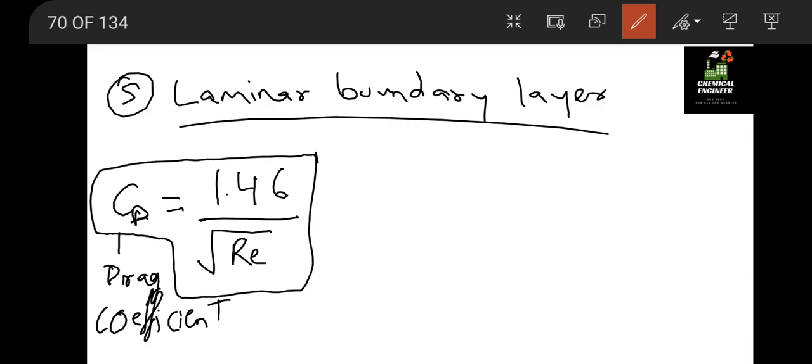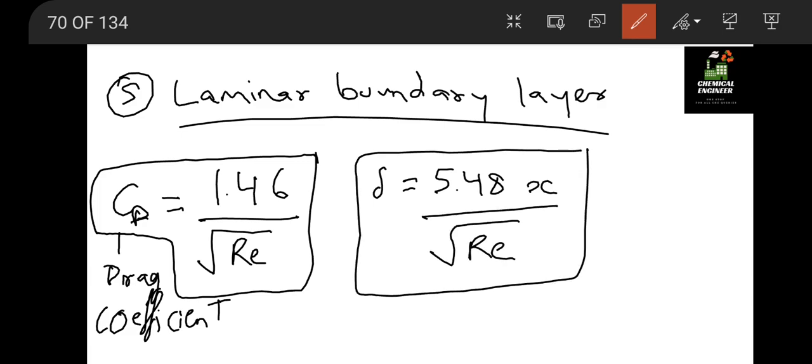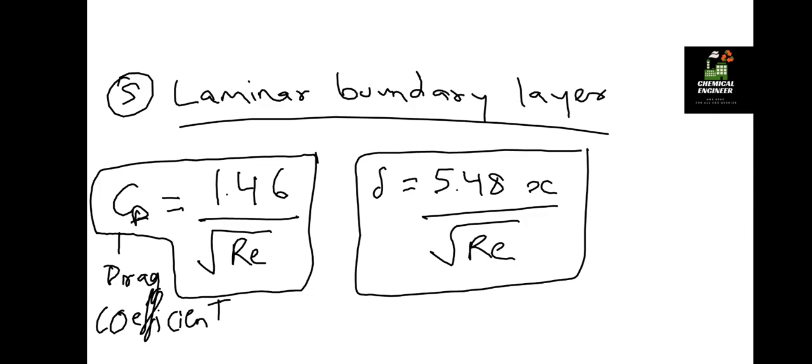Note it down. Similarly, for calculating the boundary layer thickness, we have one formula, that is 5.48 x divided by under root Re, Reynolds number, and a third formula is also there, but we will not look into it because that is not asked anytime in your GATE exam. So remember these two formulas, that is for boundary layer thickness and for drag coefficient.